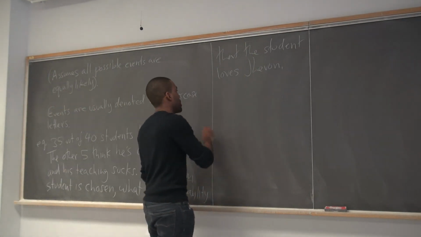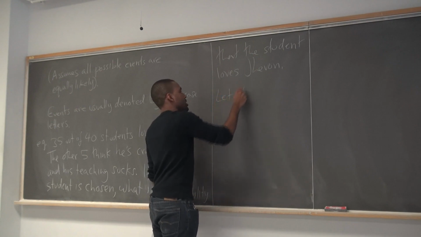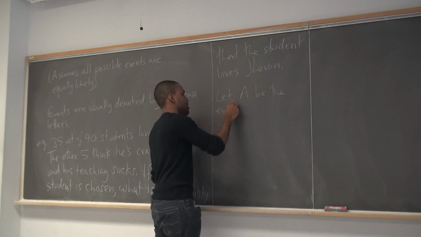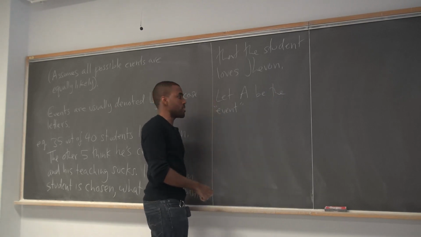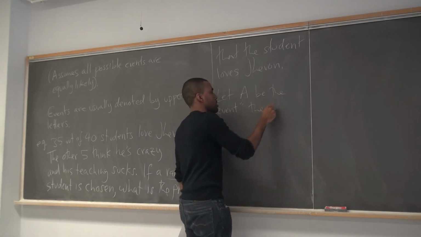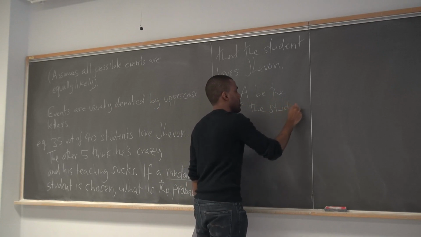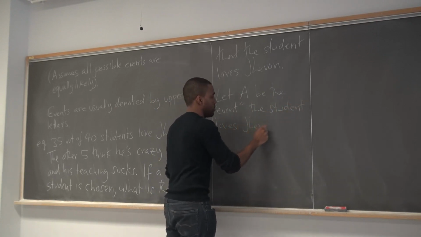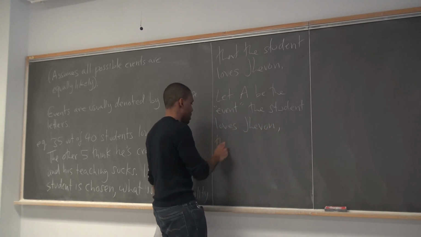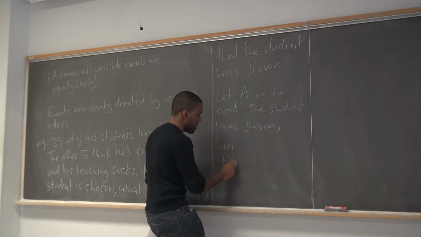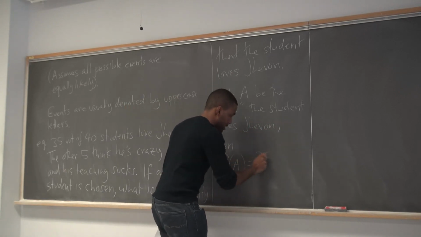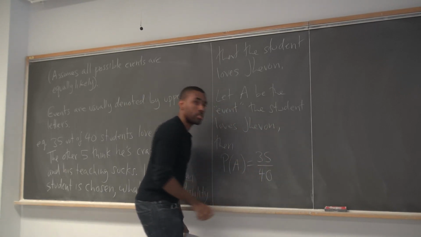Well, you could say let A be the event, right? Events can be used in a very broad sense. The student loves Jhevon. Then we can say that the probability of A, the likelihood, the chance of someone loving Jhevon, is 35 out of 40. Right?